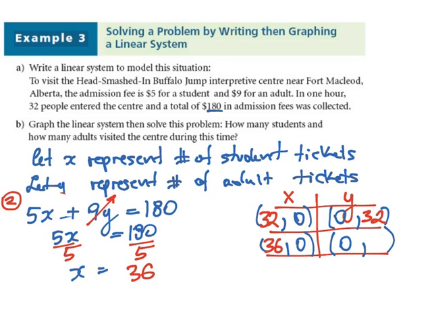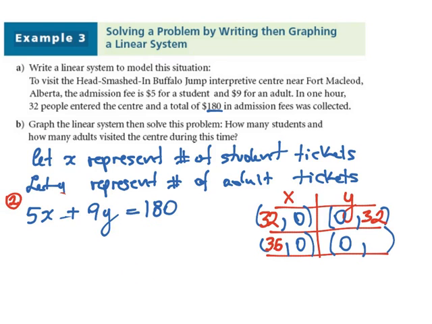Now we're going to solve for the y-intercept. For the y-intercept, x becomes 0, and we're going to be solving for y. 9y is equal to 180. We divide both sides by 9, and y is equivalent to 180 over 9, which is 20.